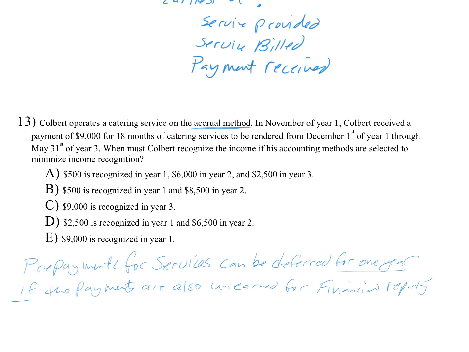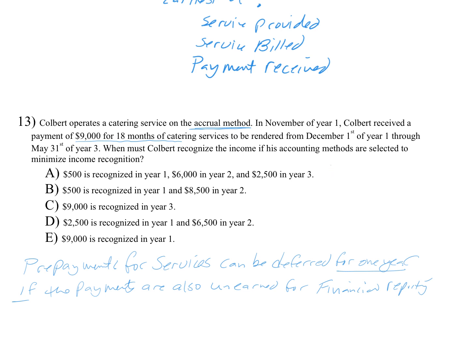We've got received $9,000 for 18 months of catering services, okay, to be rendered from December 1st of year 1 through May 31st of year 3, okay? So we've got 18,000, right? Or excuse me, we do not have 18,000.